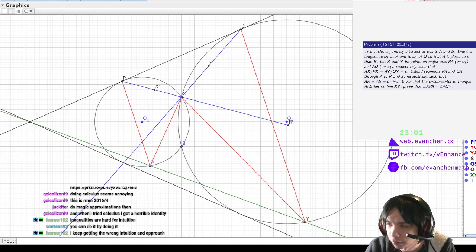Wait, why are C1 and C2 different? AX over PX. Oh shoot, I misdefined it. Yeah, cool.